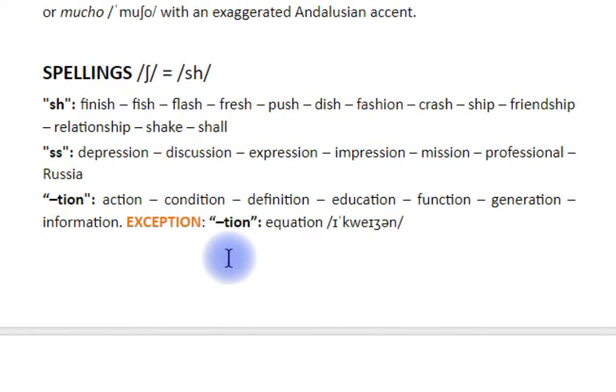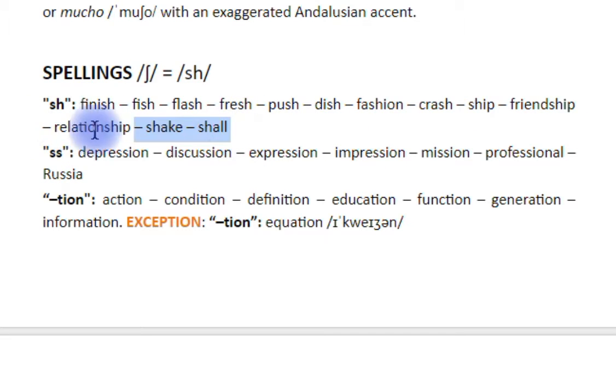Let's take a look at the sound in different spellings. The most popular one probably is sh: finish, fish, flash, fresh, push, dish, fashion, crash, ship, and friendship.